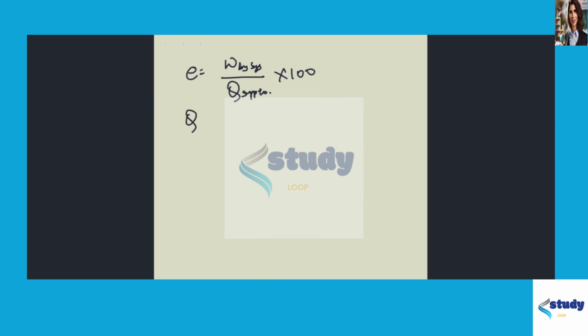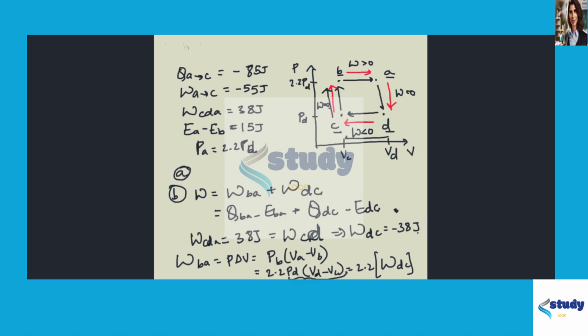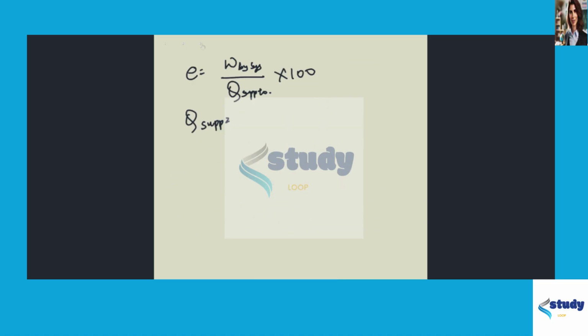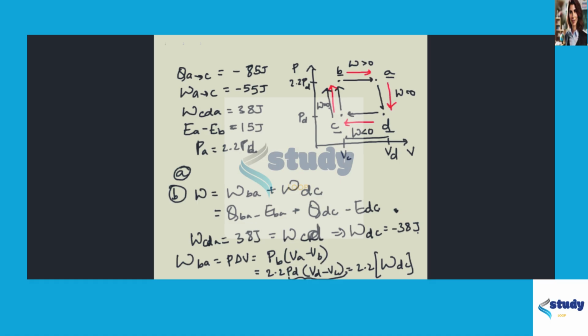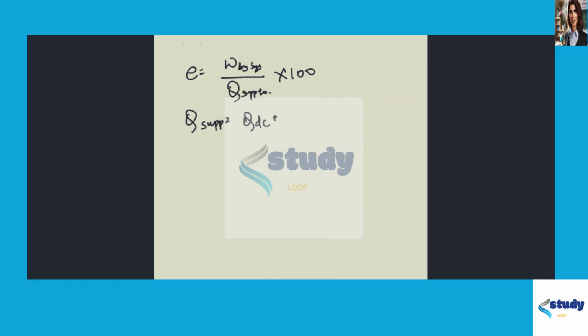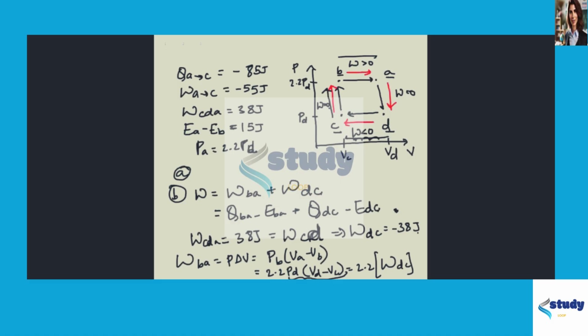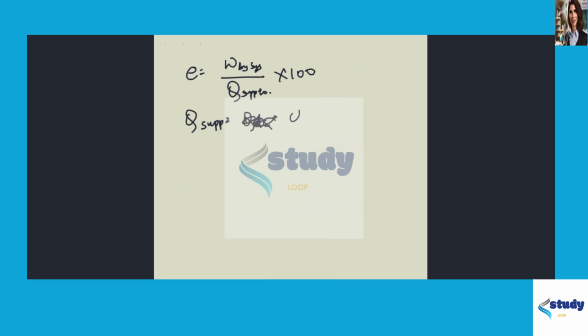So Q supply, the heat supply to the system is simply QDC plus, heat is supplied during CB and BA. So that's QCB plus QBA.